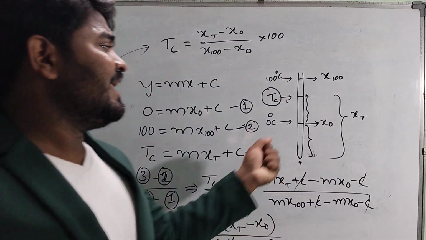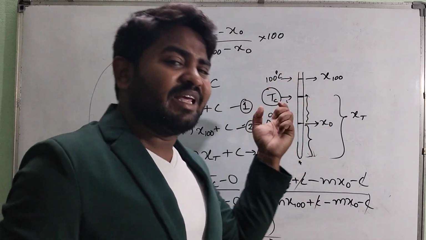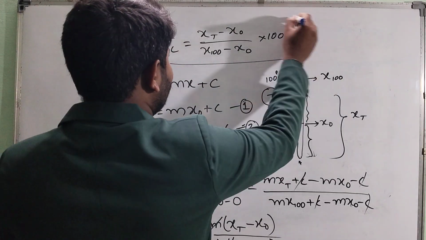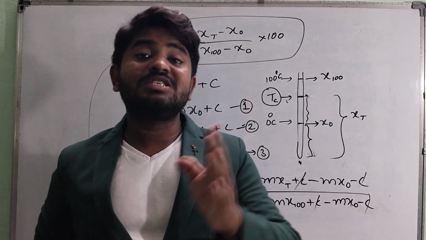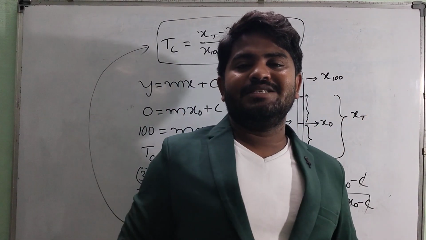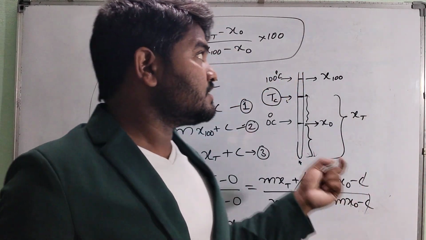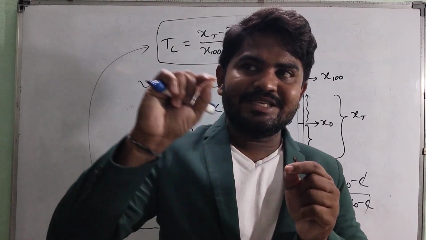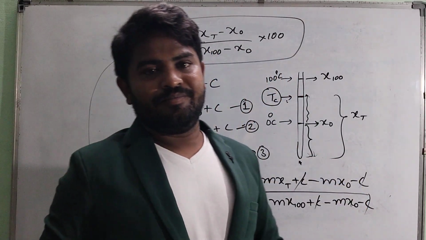Here I have taken the length of a capillary tube filled with some liquid. Instead of length, we can take the pressure of a gas at constant volume, or the volume of a gas at constant pressure, or else the resistance of a platinum wire. The resistance of the platinum wire also changes linearly with respect to the temperature.